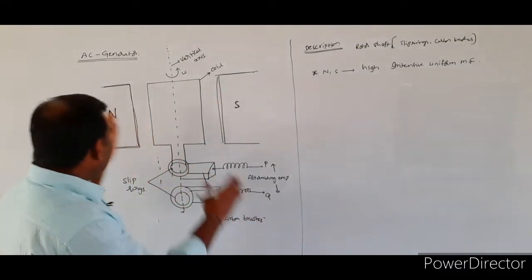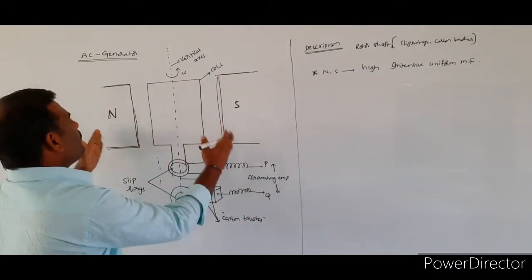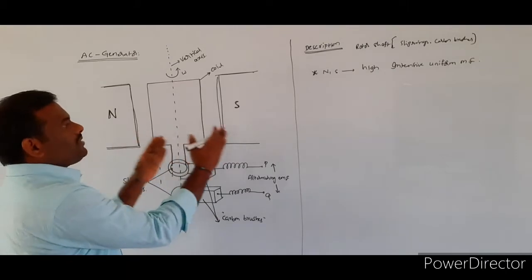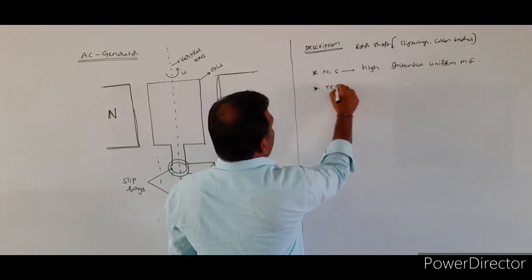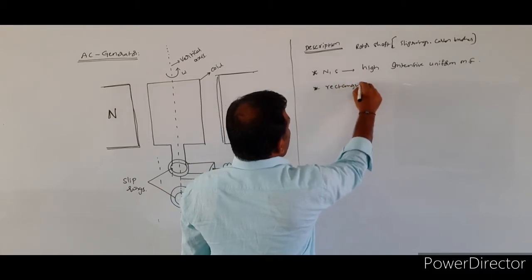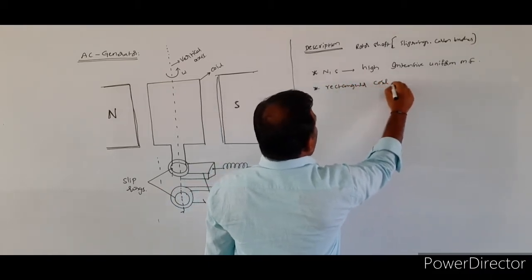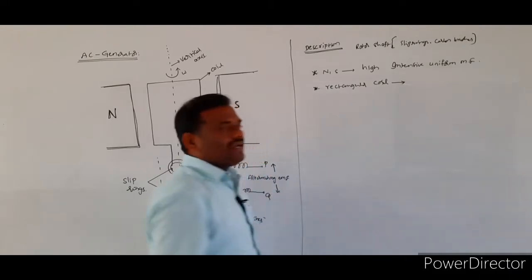And in between the magnetic field which is produced by the north, south pole, we are taking a rectangular current carrying coil. So which type of coil we are taking here? A rectangular current carrying coil will be considered.